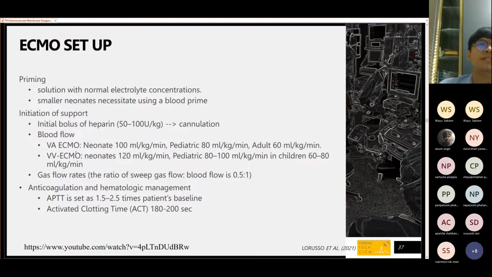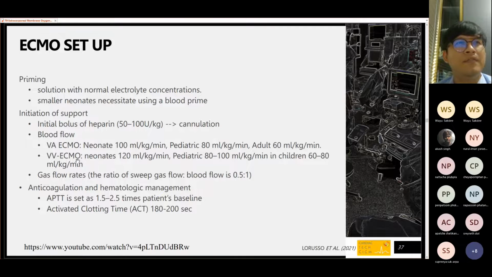So the blood flow is going to start differently for VA ECMO and VV ECMO. You see, VV ECMO is maybe a bit higher than in VA ECMO. Sorry for my mistake in the slide.